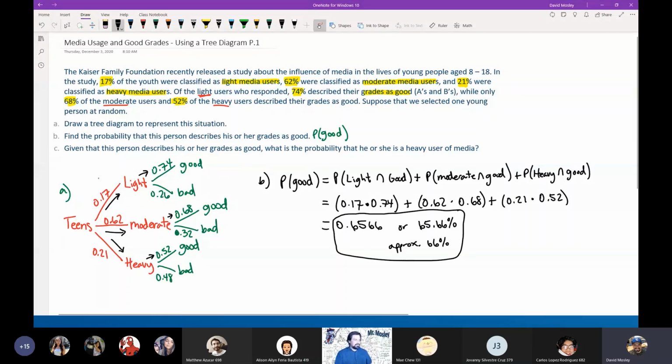Now, part C, given, remember that's a buzzword now. The person describes his or her grades as good. We have given good. What is the probability that he or she is a heavy user of media? So this is probability of heavy given good.